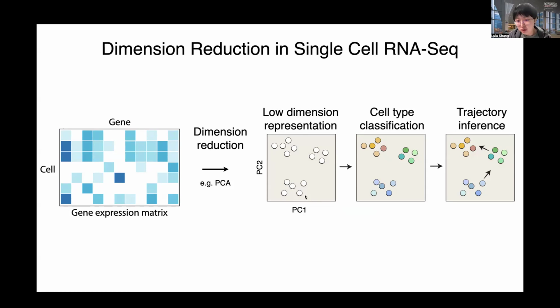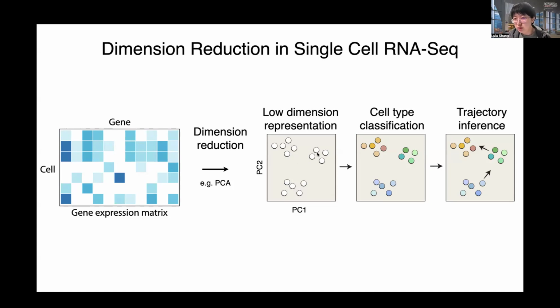Here in the middle plot, I'm using PC1 as the x-axis and PC2 as the y-axis, and each dot is a cell. So you can do dimension reduction on the original gene expression matrix and project it into a low-dimensional representation.